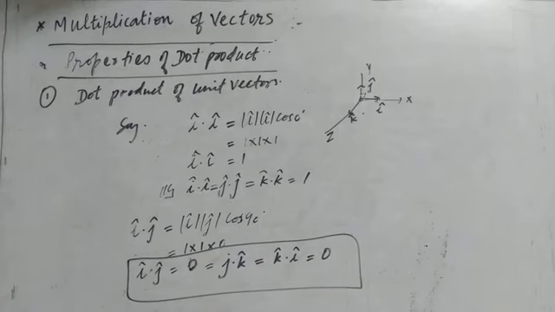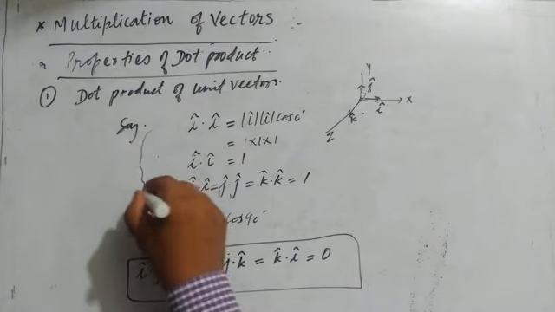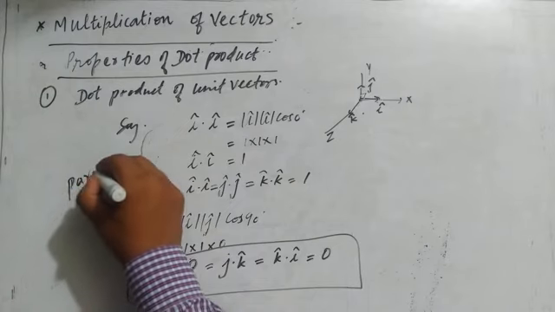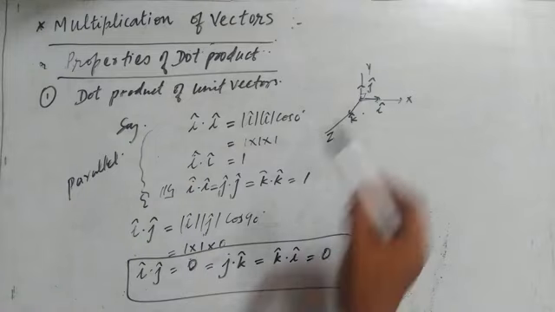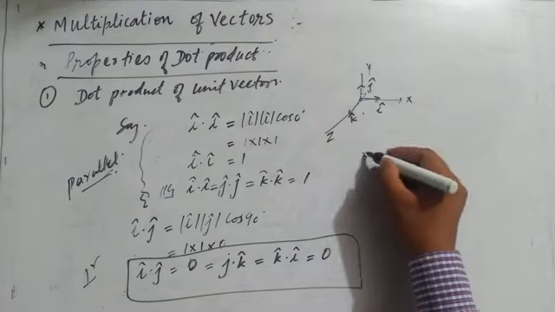So from here we can conclude that if two unit vectors are parallel, then their dot product is equivalent to 1. If two unit vectors are perpendicular to each other, then their dot product is equivalent to 0. We can take another case, third one.